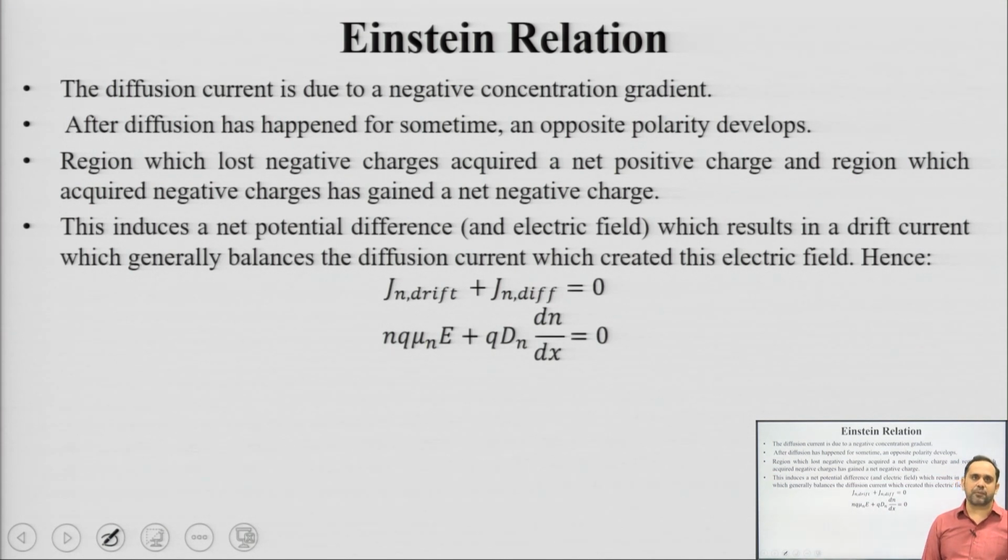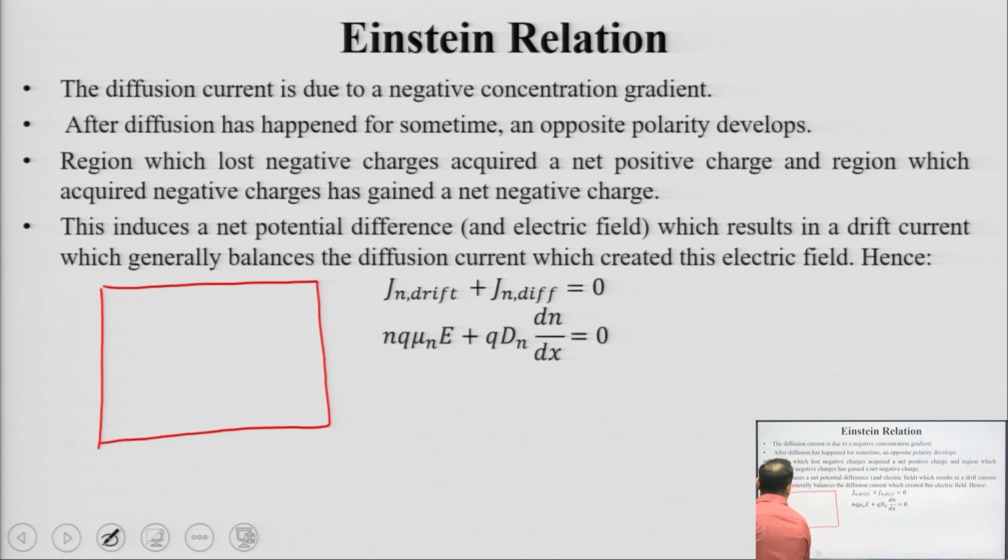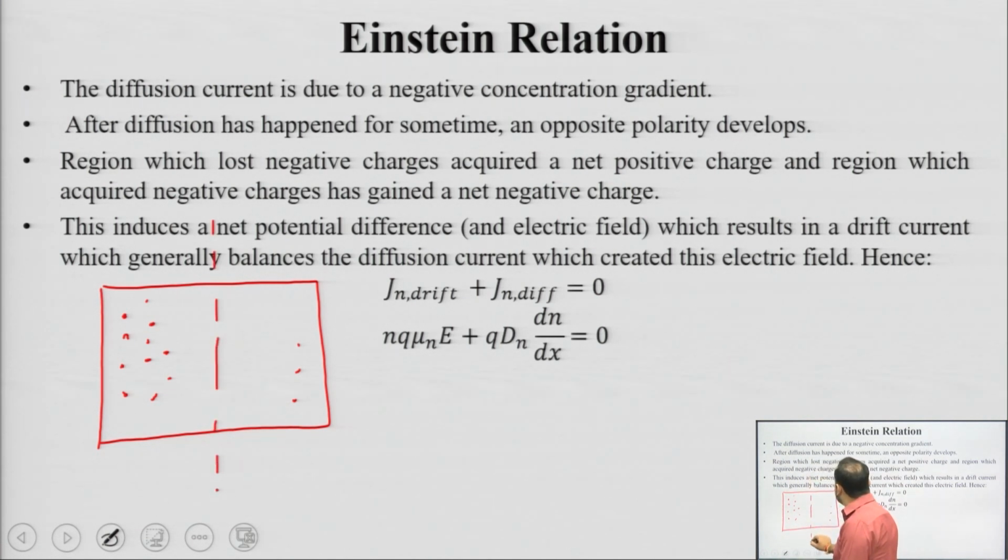After diffusion has happened for some time, see what will happen. Say if you have a region, there are a lot of electrons here and there are very few electrons here. If I draw a cross section across this semiconductor, let us call this region 1 and call this region 2.